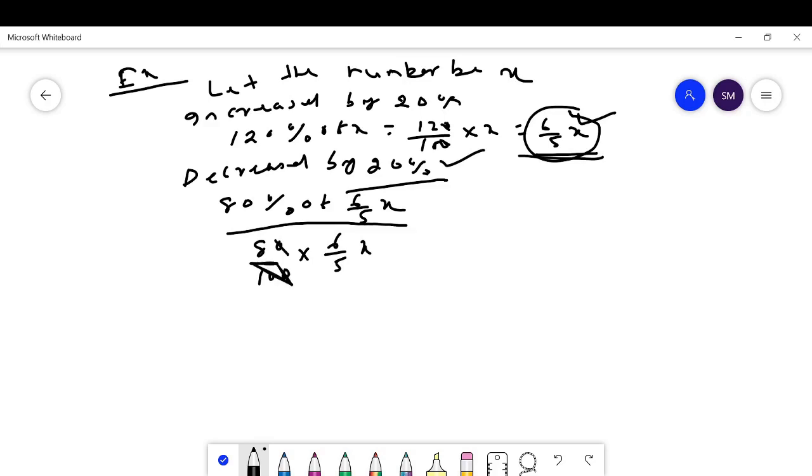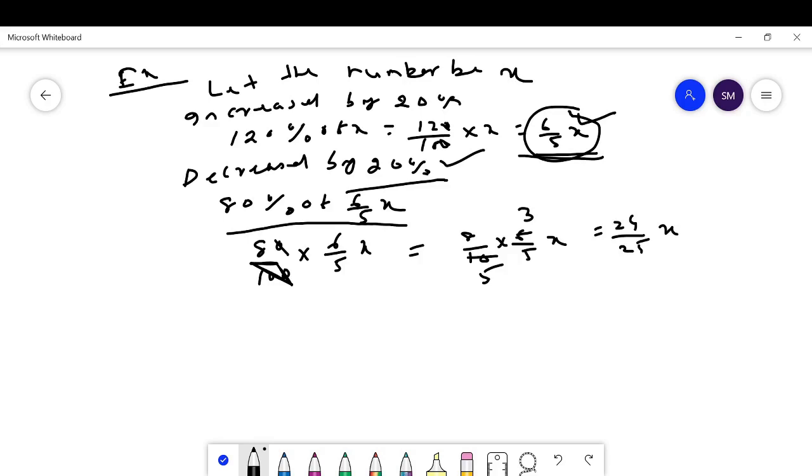Then 8 upon 10 into 6 upon 5 x. Then 2 fives and 2 threes. This is 24 upon 25 x, which is 24x upon 25.